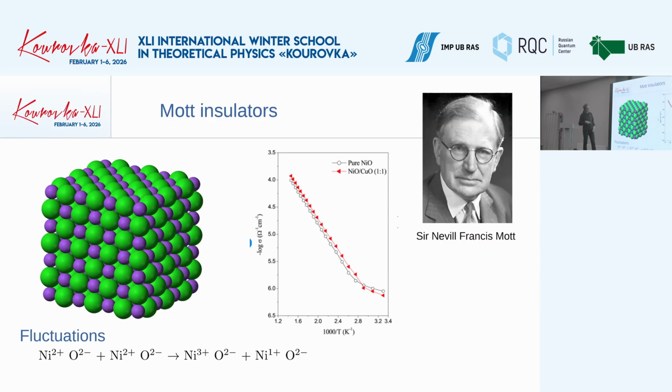There is a graph, and Vadim Brashkin would love to see an exponent here. So this is definitely an insulator. How would it be? The crystal structure of this oxide is extremely simple. It's like sodium chloride or whatever.